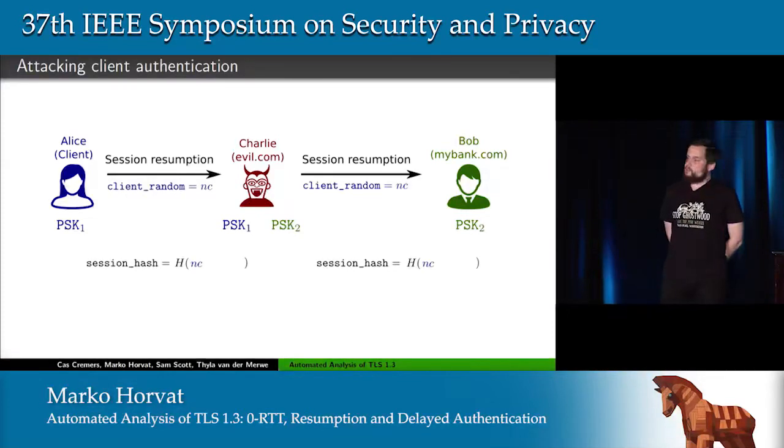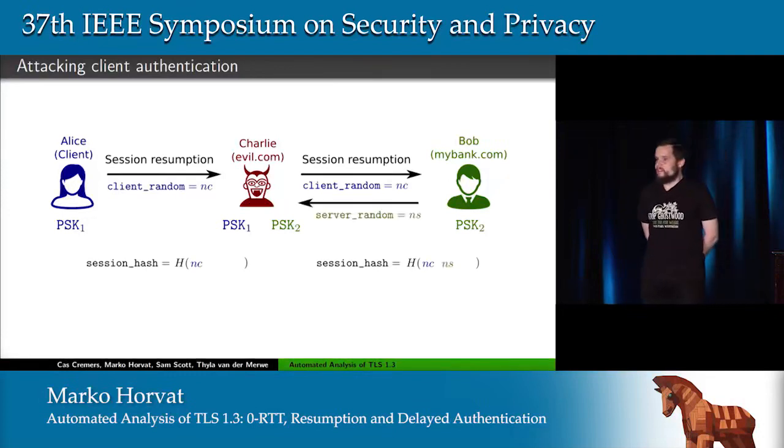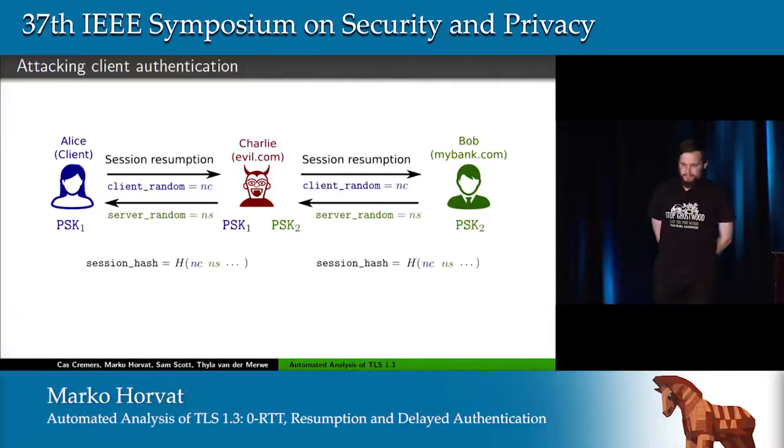He decides to resume the session with Bob by reusing this NC value. And Bob says, okay, sure, let's resume the session. And he generates a server random value NS for his server hello. And Charlie constructs his server hello again by reusing this NS value this time.